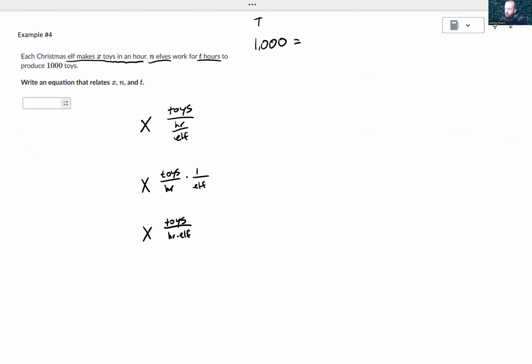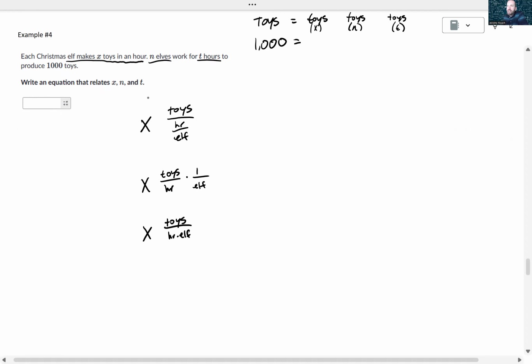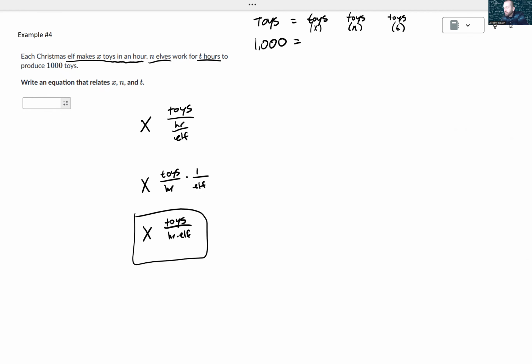So we want toys equals toys for the X, toys for N, and toys for T. So we want all of our units to cancel out in a way that we're just left with the toys. So here's what our X variable is going to be.